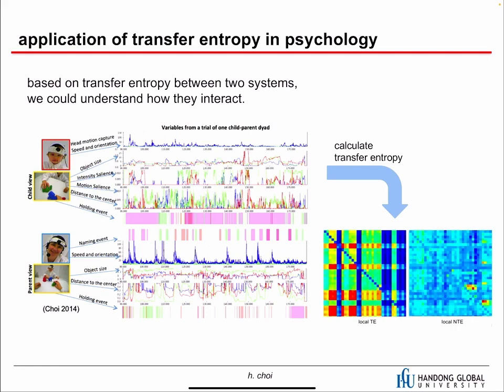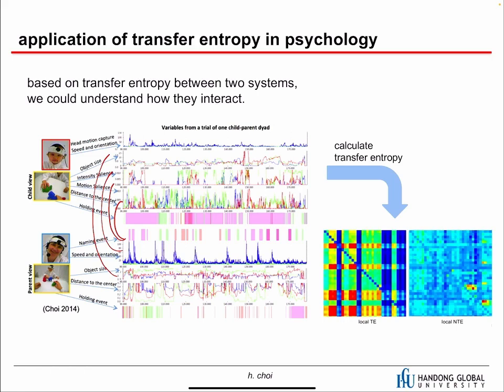And then we calculate the transfer entropy between all of them. Then we can see which one is causing another variable. For example, when the mom's head movement is following the baby's head movement, it means whenever the baby moves, then mom follows. Then we can measure that kind of thing based on transfer entropy.